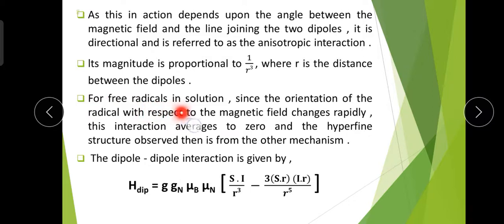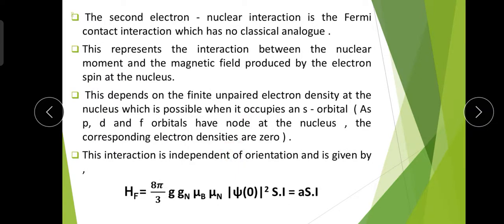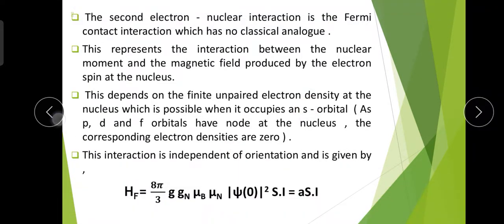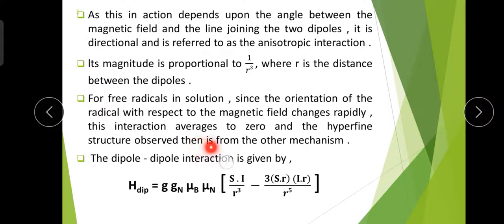For free radicals in a solution, since the orientation of the radical with respect to the magnetic field changes rapidly, this interaction averages to 0, and the hyperfine structure observed then is from the other mechanism.